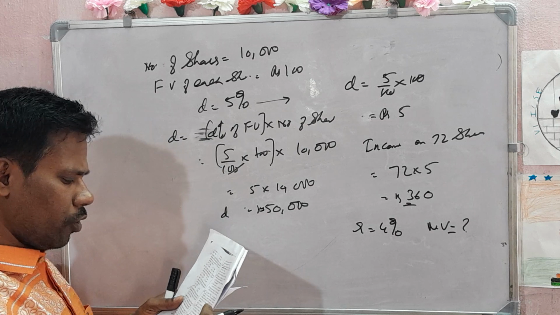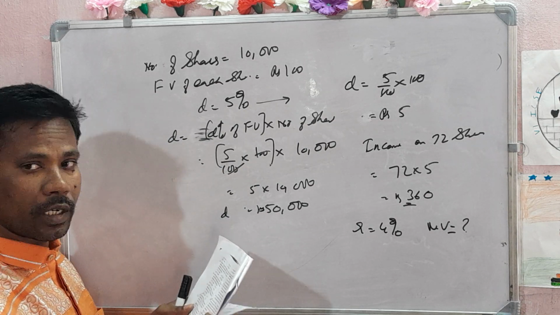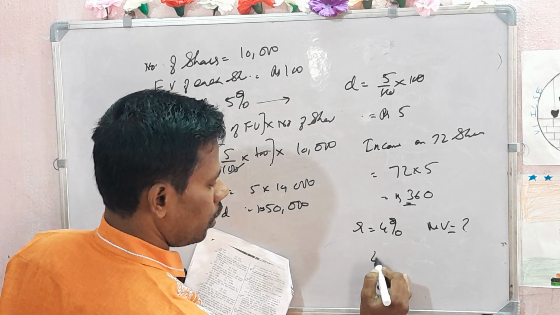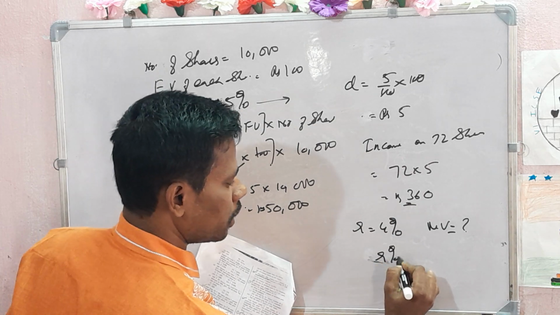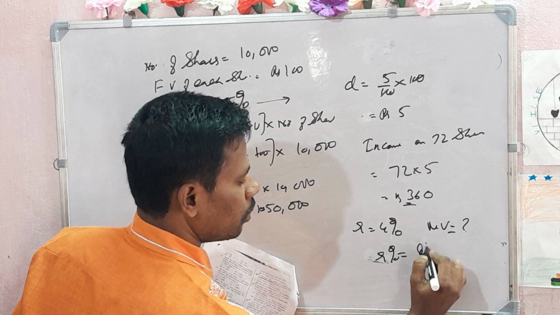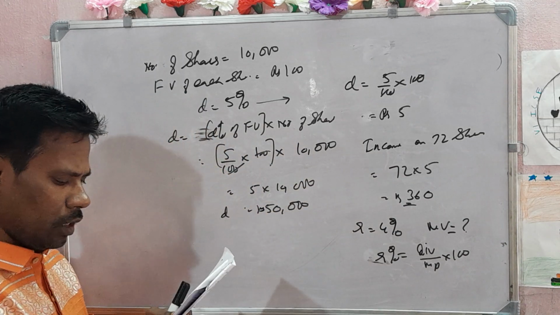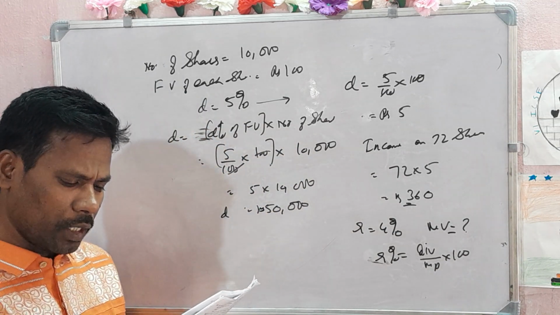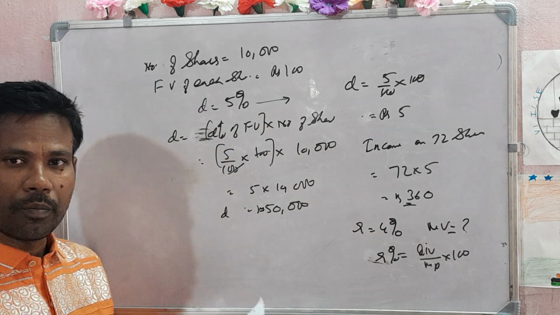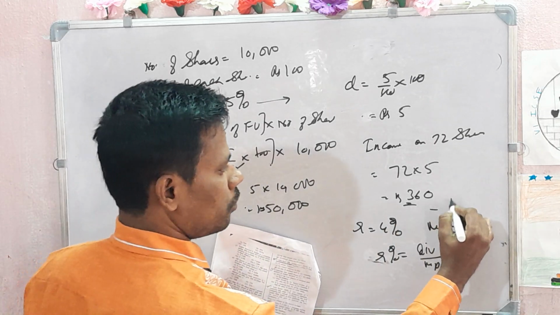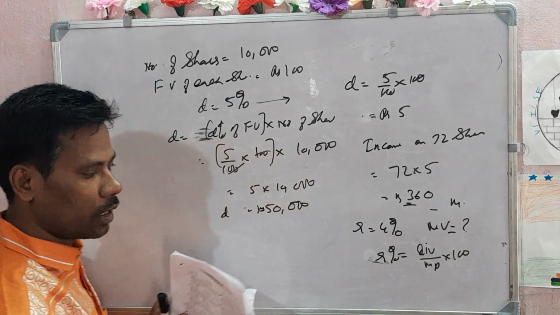Go for this formula: rate percentage is equal to dividend by market price into 100. Finding the price he paid for each share means market value is being asked, right?